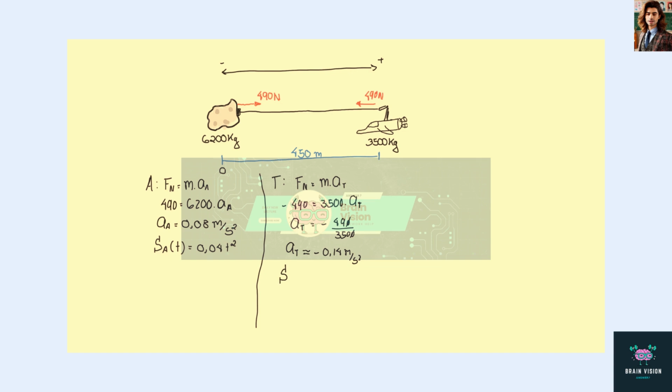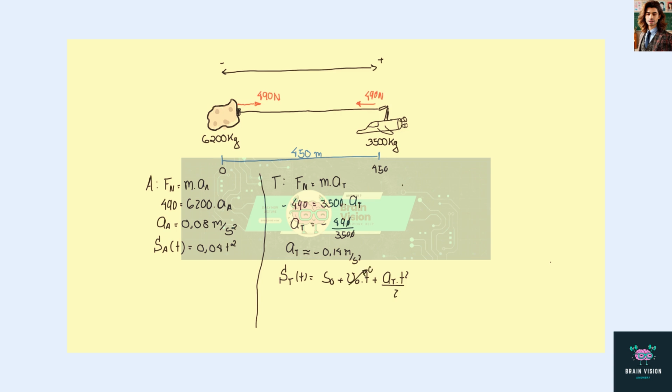Now, we can calculate the position of the tug as a function of time as follows. The position of the tug as a function of time is equal to its initial position plus its initial velocity times time plus its acceleration times time squared divided by 2. Its initial position is equal to 450. Its initial velocity is equal to 0.